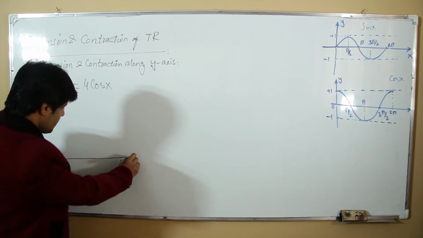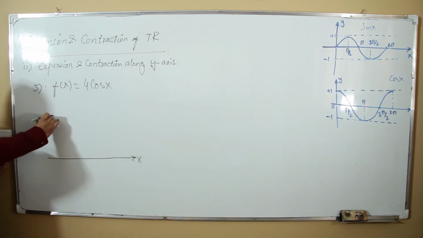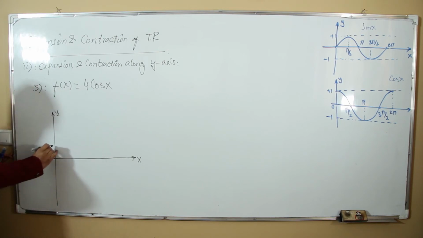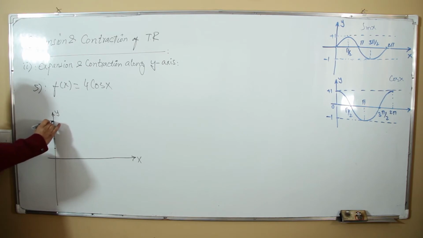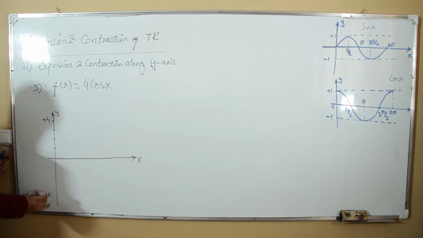This is our x-axis, this is our y-axis. This is positive 1, positive 2, positive 3, this is positive 4, negative 1, negative 2, negative 3 and negative 4.